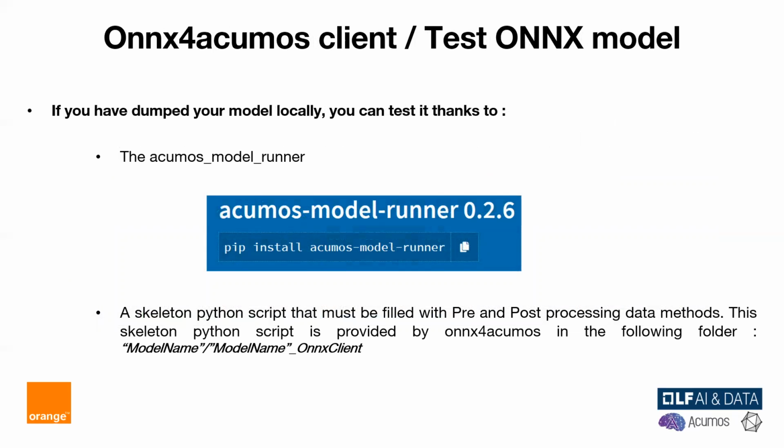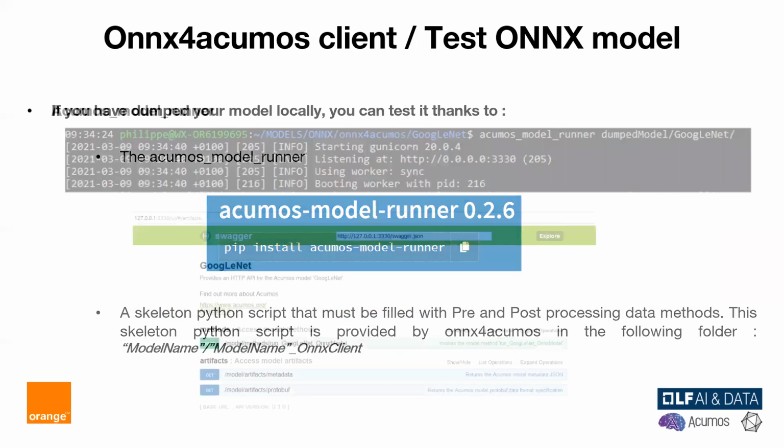Then, if you have dumped your model bundle locally, you can test it thanks to the Acumos model runner. Acumos model runner is another Python library available on PyPI. It will take the role of the server part, and then you have to use a Python script provided by ONNX for Acumos to take the role of the client part.